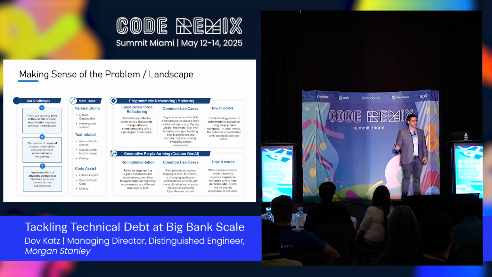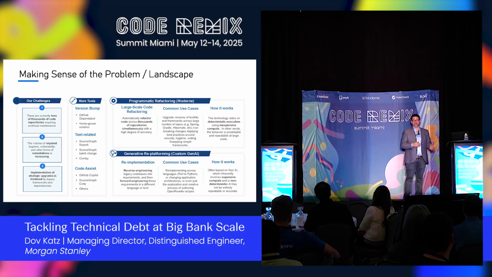One scales, one doesn't. Both needed. And it's important to make that case because someone's like, how do I get thousands of repos done with Gen AI? You can't. You can use it to generate OpenRewrite recipes and then run that at scale. There's definitely a one-two punch, as you saw with Madi, and my view is that combination is a great combination. But for the actual running of code, when you have thousands of things that need to be fixed, you're not going to use generative AI to do that.